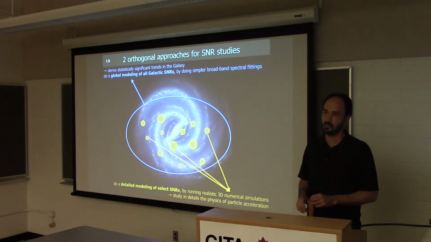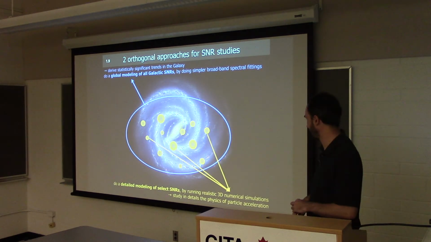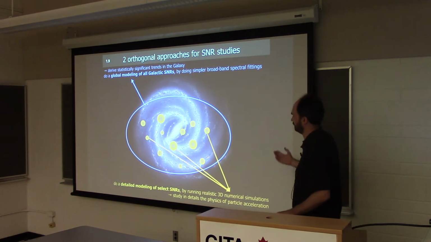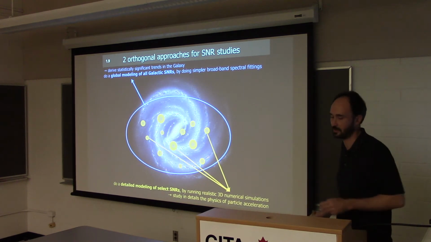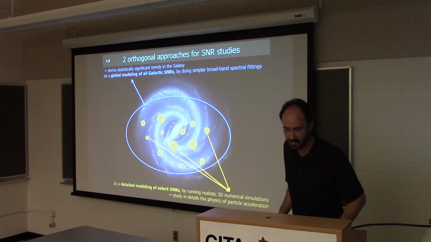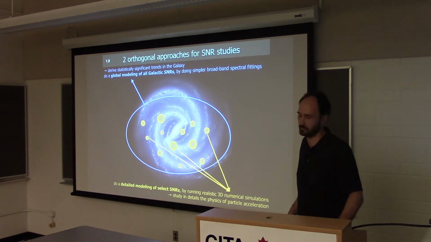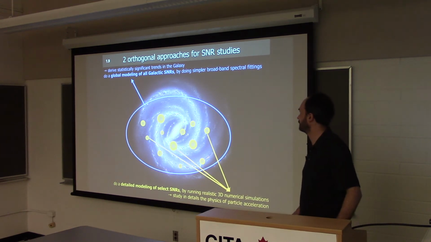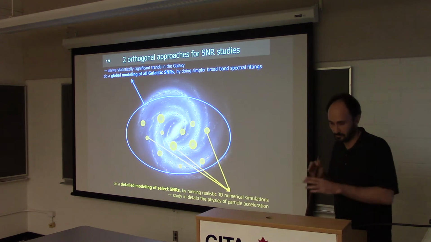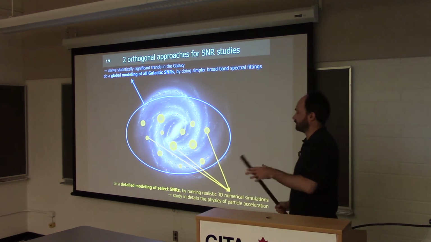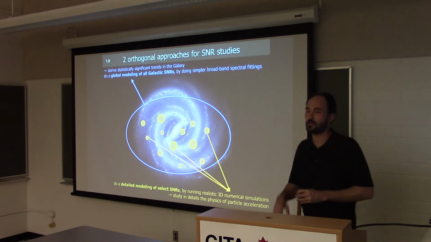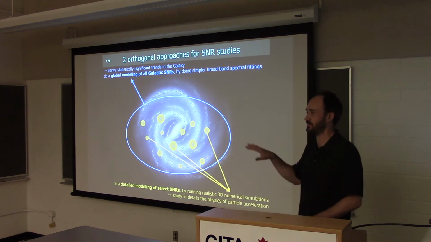But I think that for supernova remnant studies in general, be it to check if there are sources of cosmic rays, or what I'm going to talk about next, the impact of the progenitor or the explosion mechanism, you should probably get two kinds of orthogonal approaches: doing some simple modeling on as many remnants as you can, doing something statistical.